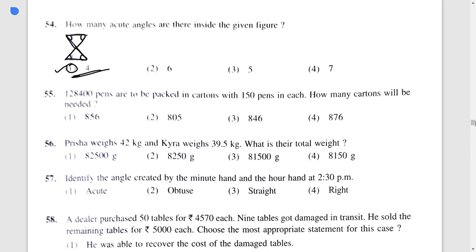Question number 55. 1,28,400 pens are to be packed in cartons with 150 pens in each. How many cartons will be needed? So here you have to divide the number with 150 so that you will get the answer.